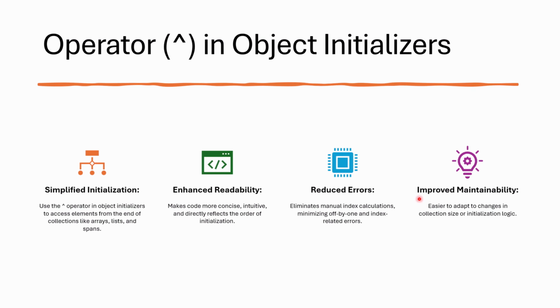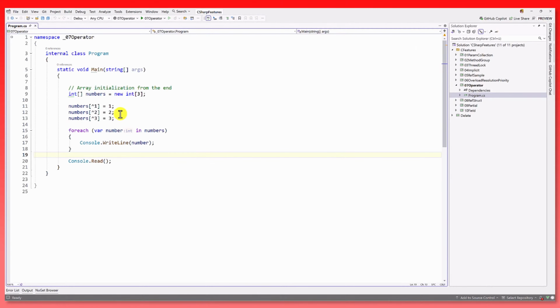Let's move on to Visual Studio. We write this XOR operator. In this sample, I used the XOR operator to initialize the object elements from the end of the collection in this array. Here I have defined my int array.